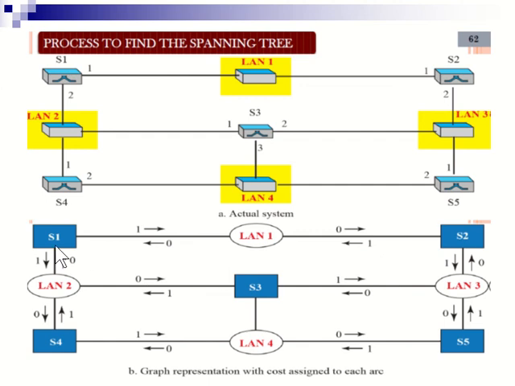So to reach from S1 to LAN 1, the shortest path is this one. It is going to give me a cost of 1, whereas if I take this particular path, the cost will be 3. Similarly, we can find out for this particular path too. Here also the cost will be more. Similarly, to reach from S1 to S2, the total cost is 1.